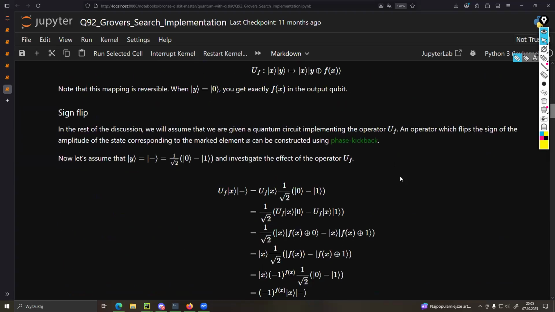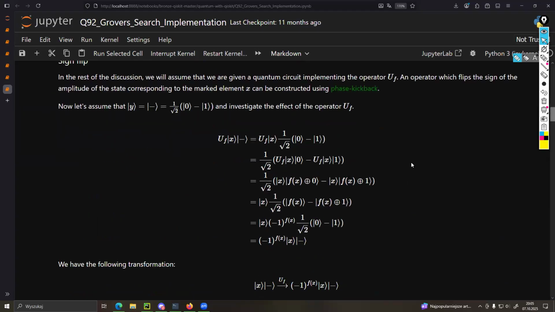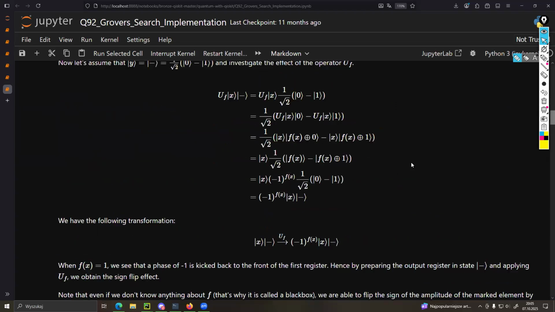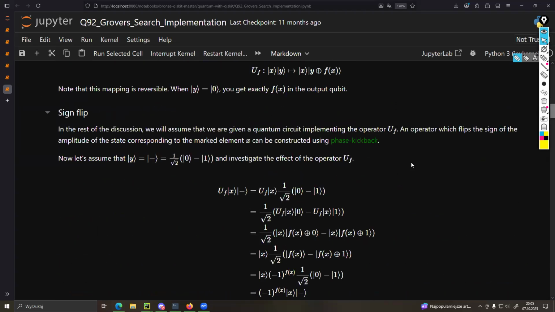So we will actually use a phase kickback to do this, because notice that we could, with this minus, right? If you remember, we did something like this. We have prepared a 0 0 state, right?